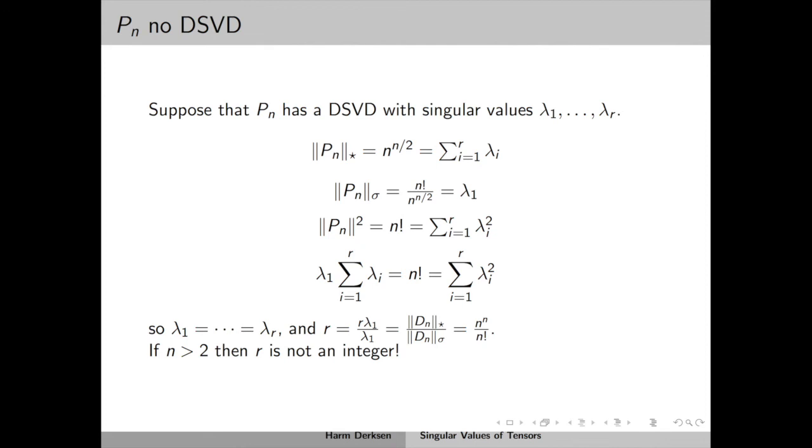Here's a little argument that shows that this permanent tensor actually doesn't have a diagonal singular value decomposition. Basically, I'll skip quickly over it, but it's because you can calculate what the multiplicity would have to be, and it's not an integer. So although we know a lot about this permanent tensor, its nuclear norm and spectral norm, it will not have a diagonal singular value decomposition.